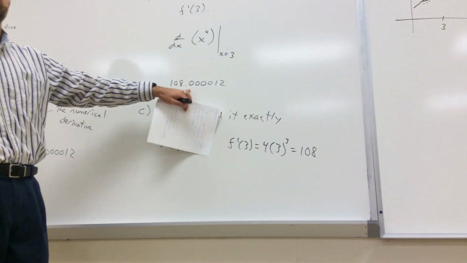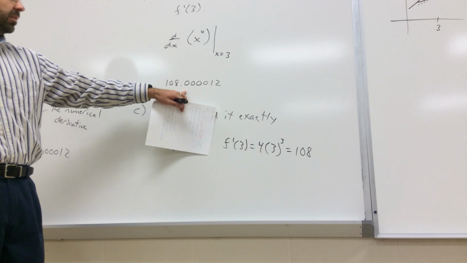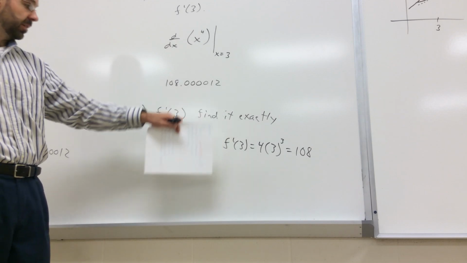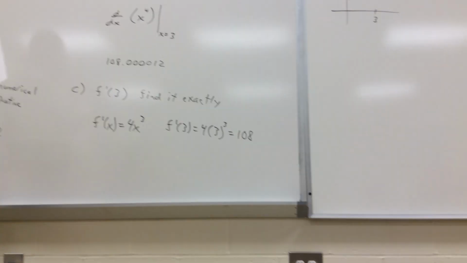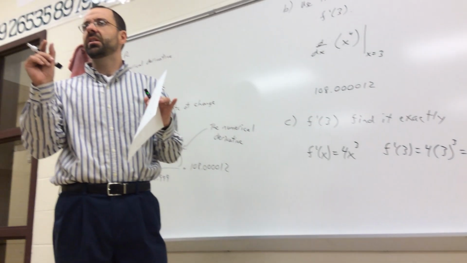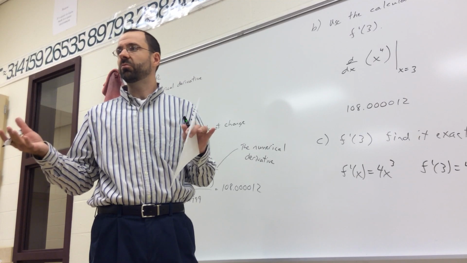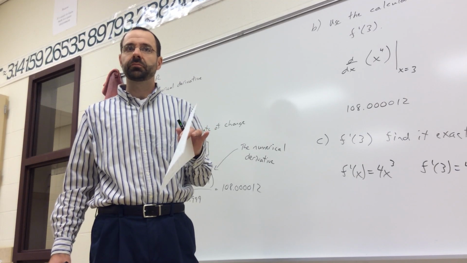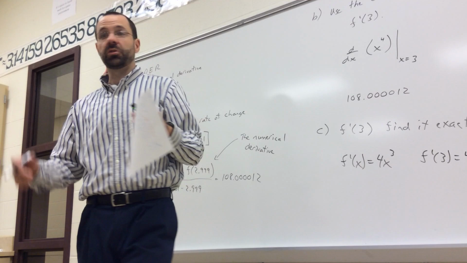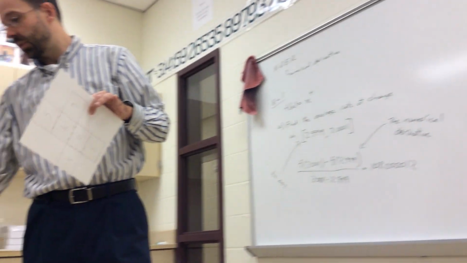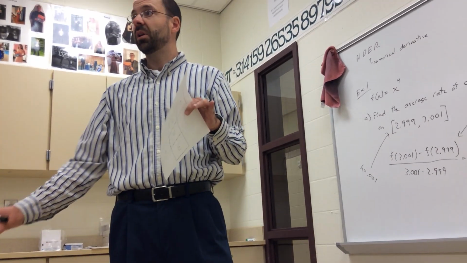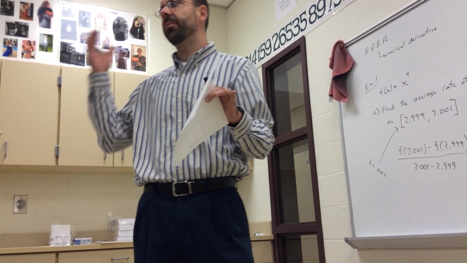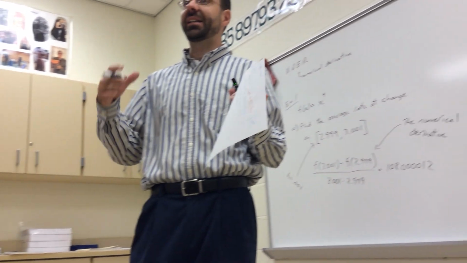So if you rounded this to 3 decimal places, then it would be exactly right compared to that. So the calculator picks numbers that are so close that it's good enough for our rounding purposes. Okay, so you can consider this answer, 108.00012, as the right answer. But then in the back of your head, you need to know that it's not exactly right.